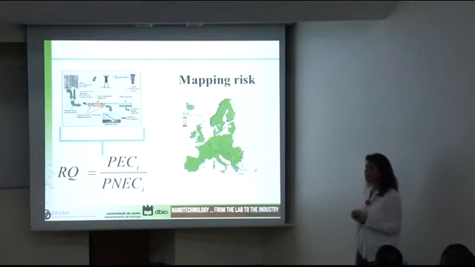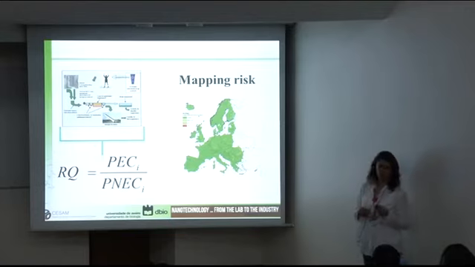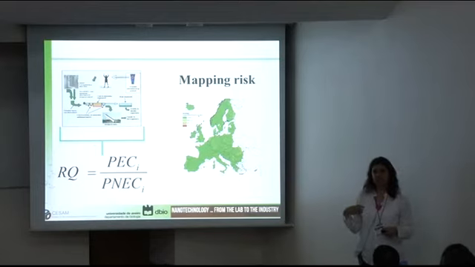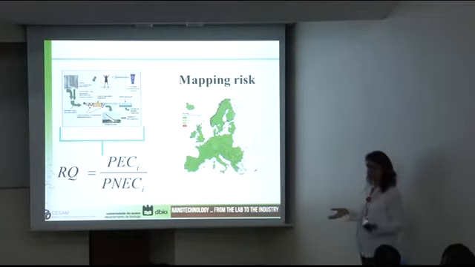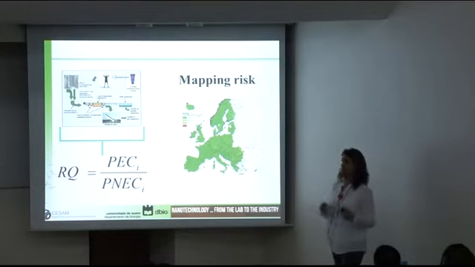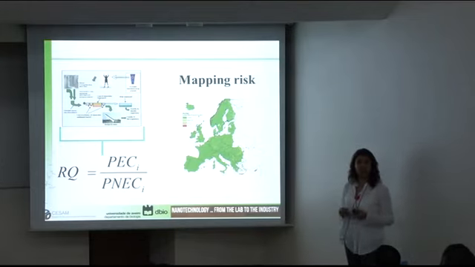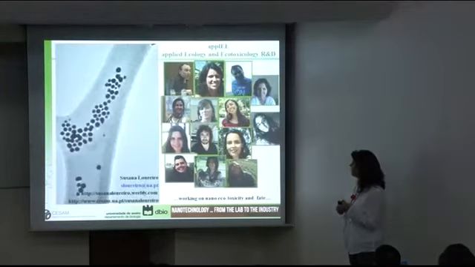What we do is compare the predicted environmental concentration, obtained by modeling, with the predicted no-effect concentration that is derived from the species sensitivity curves that we did. If this quotient is higher than 1, there will be risk. If it's lower than 1, there will be no risk. So that's how we use the data that we collect from our lab.